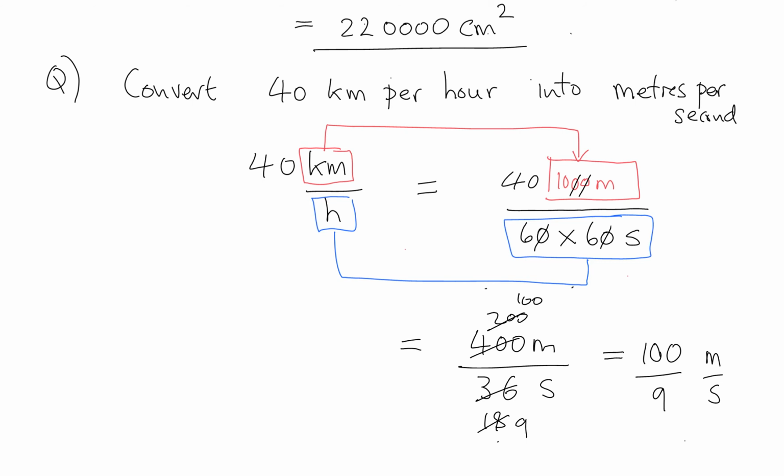Now, you can also get some questions which are going in the opposite direction. So rather than going from a larger unit like a kilometre into a smaller unit like a metre, we could do something similar. So let's have a go at something like that.